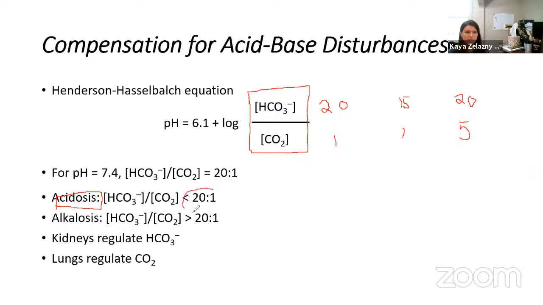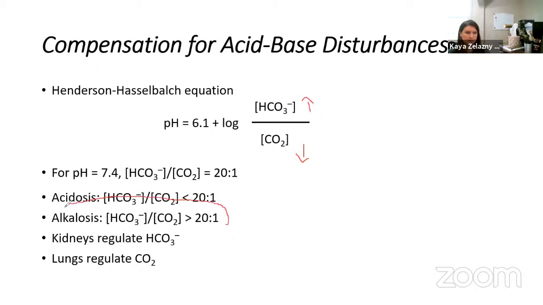So anything where this ratio goes down. And the reverse, alkalosis, if we have a decrease in carbon dioxide or an increase in the bicarbonate relatively, we'd end up with a bigger ratio, which would be alkalosis, a pH that is too basic for our regulated range.